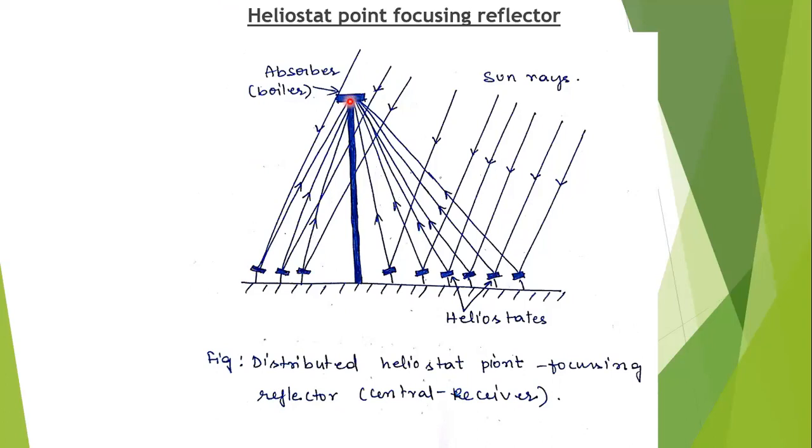Whatever the direction of the sun rays on the mirror, it has to give the reflection to the receiver, in this direction only. So this is the main problem of these heliostatic point focusing reflectors.